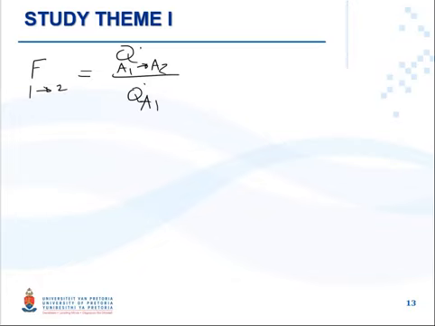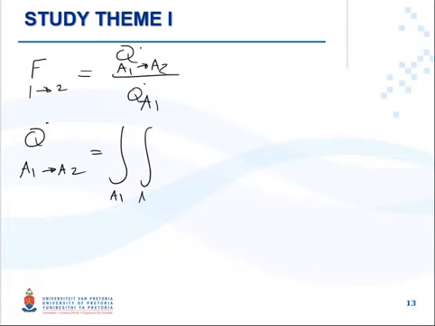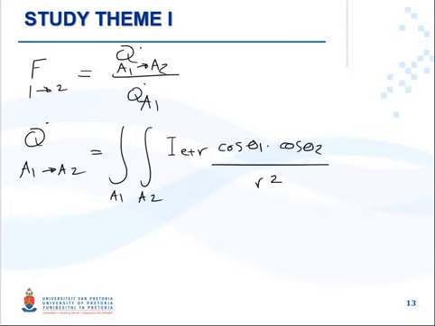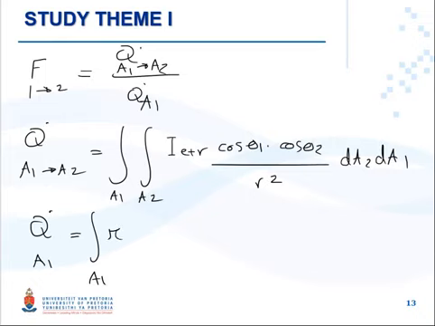So the Q̇ A1 to A2 was the double integral over A1 A2 of (E plus R) cosine theta 1 cosine theta 2 over r² dA2 dA1, and Q̇ A1 is equal to A1 pi (E plus R) dA1, which is pi (E plus R) A1.